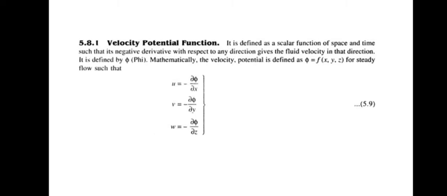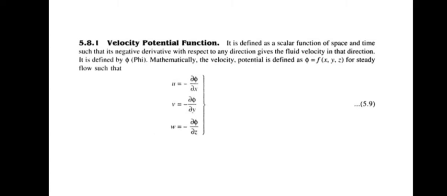Mathematically, the velocity potential function phi is a function of x, y, z for steady flow such that, by using the definition, u is equal to minus ∂phi/∂x, v is equal to minus ∂phi/∂y, w is equal to minus ∂phi/∂z.